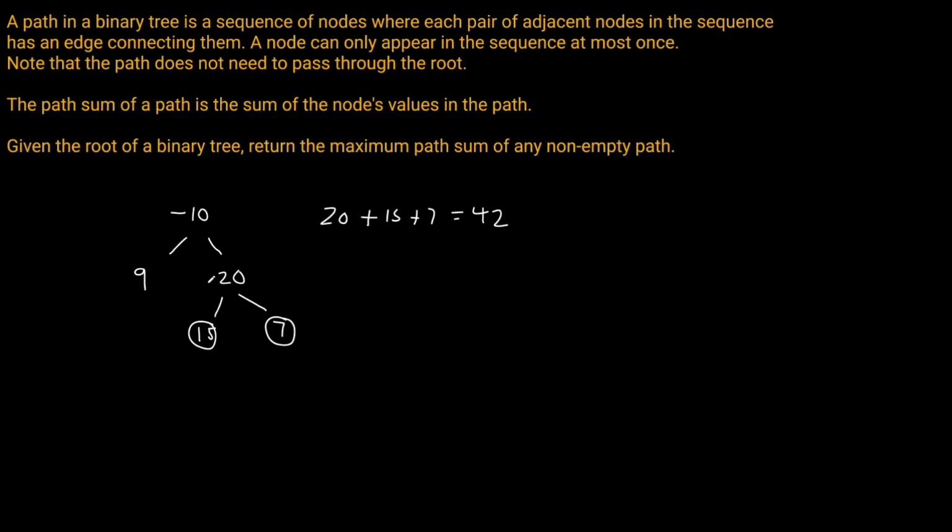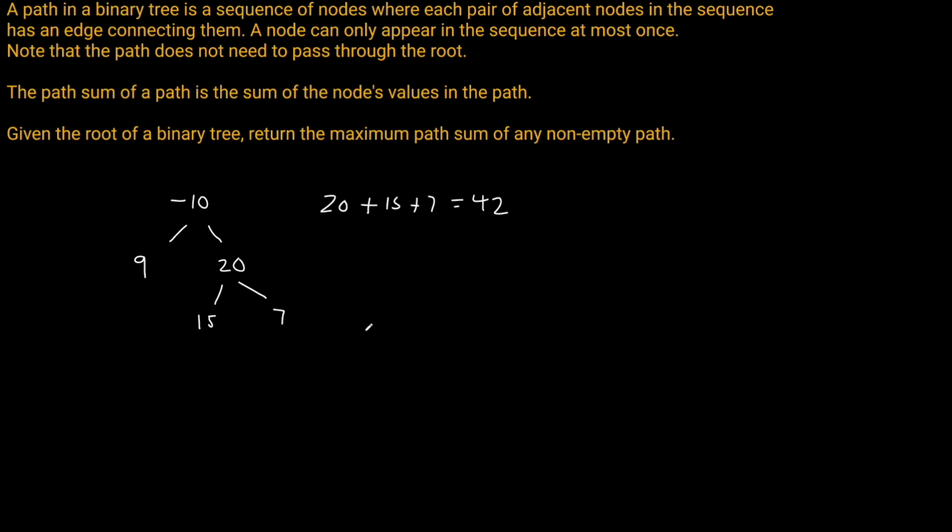So at any node, we have to make a choice between its left and its right subtree if we want to go higher up in the tree, or we can choose this node here to be the root of the tree, and then we're allowed to take both the left and the right subtrees. So we do have to take that into account when we're doing our processing.